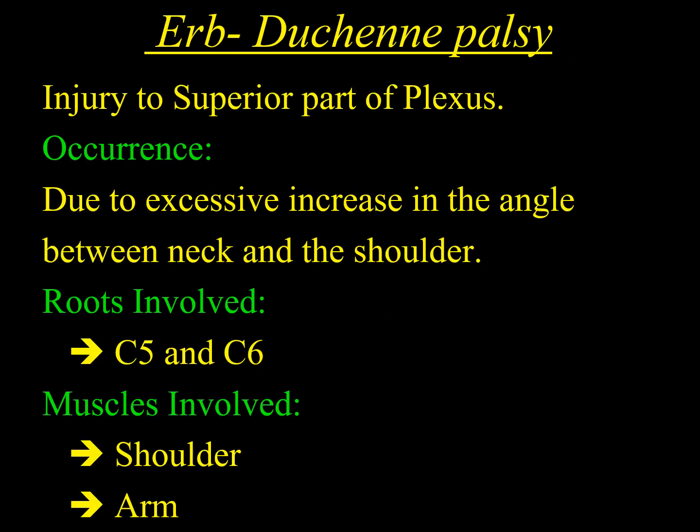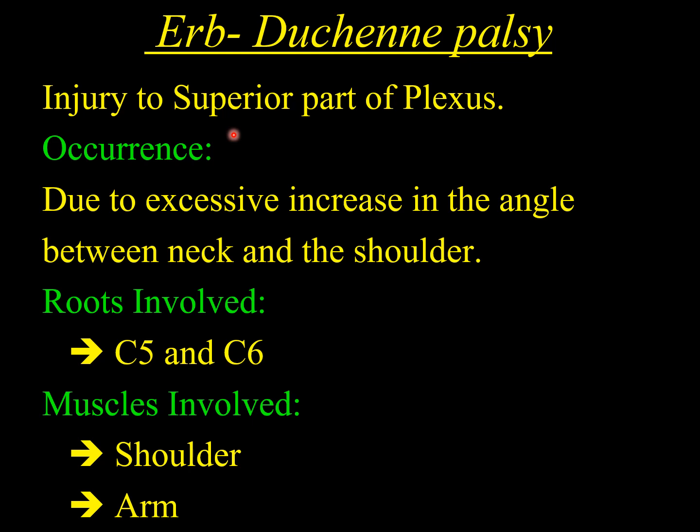So there are two main injuries which occur in the brachial plexus: Erb-Duchenne palsy, commonly known as Erb palsy. It occurs when it involves the superior part of the brachial plexus. So if the injury involves the superior part of the brachial plexus, that is the upper trunk, then this palsy occurs, which is known as Erb-Duchenne palsy or Erb palsy.